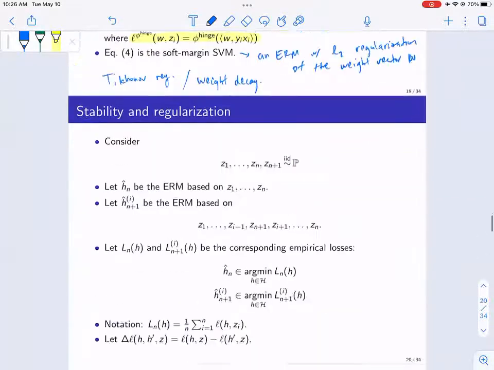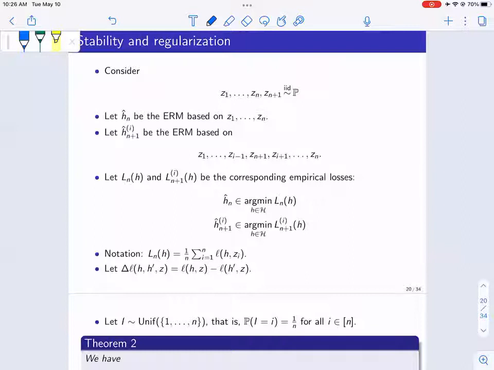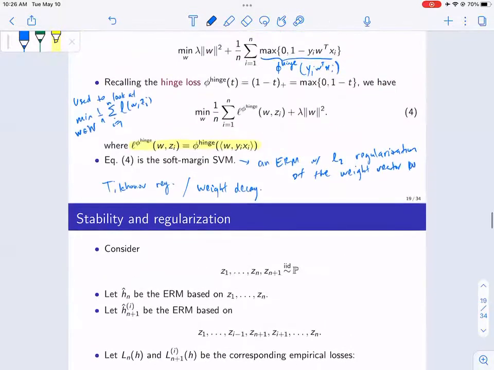So this is related to this notion of stability, or leave-one-out cross-validation, something like that. The idea is that this regularization improves the stability of the solution. If I perturb, basically just remove one of the samples and replace it with a new sample, and lambda is sufficiently large, the solution shouldn't change much.